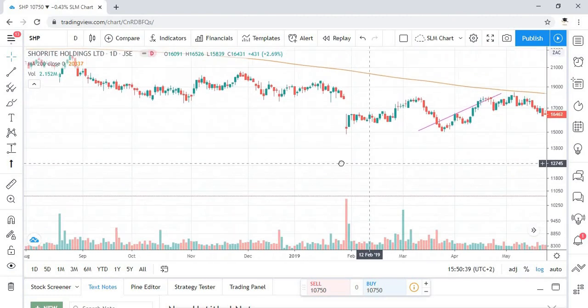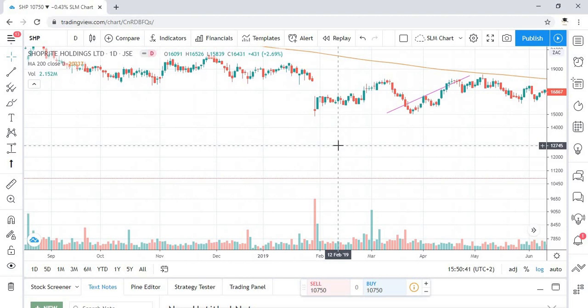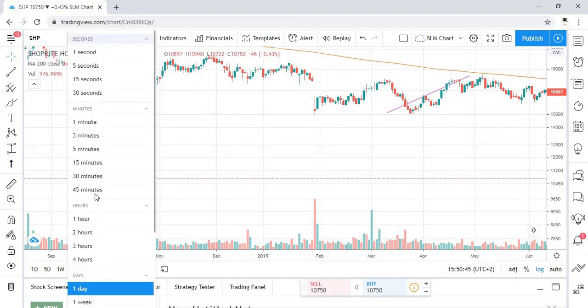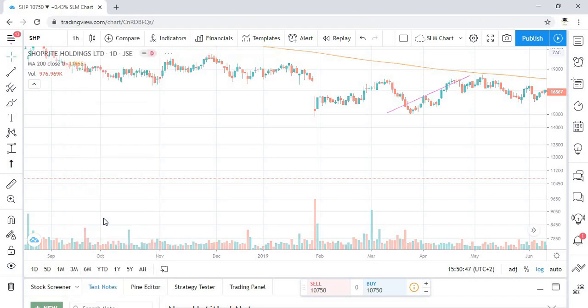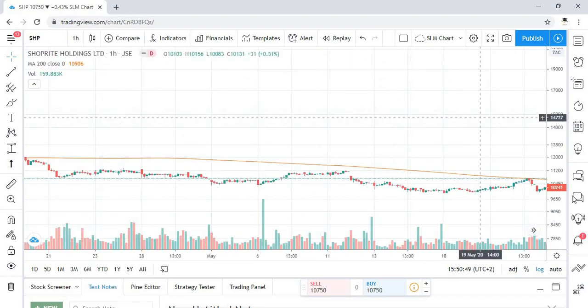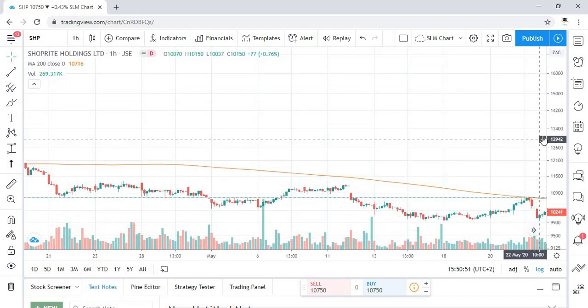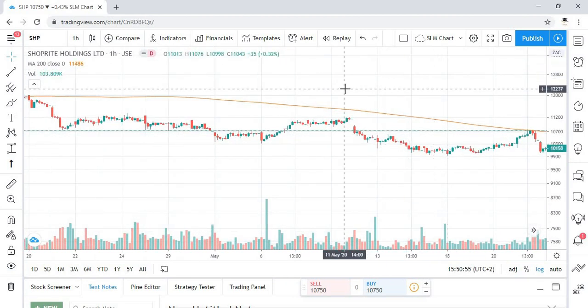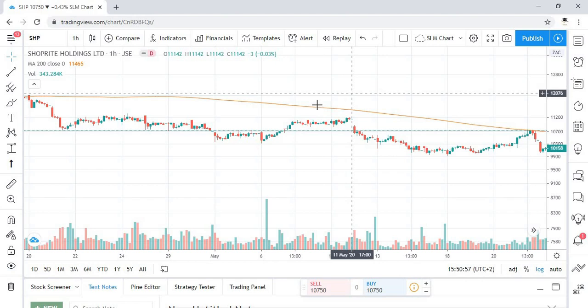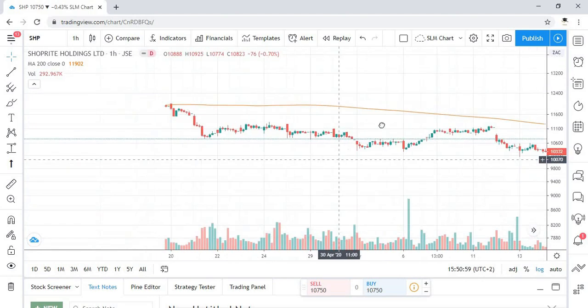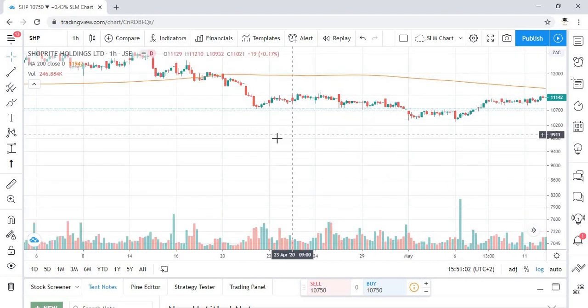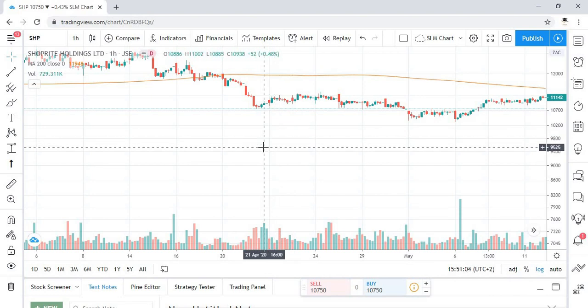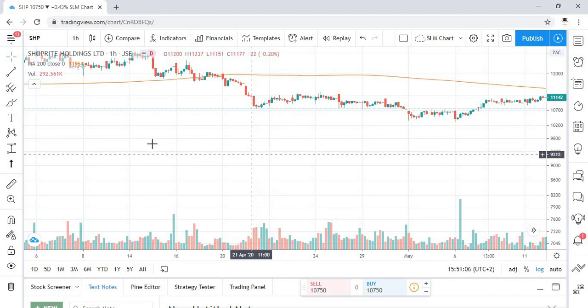One thing that you need to be on guard for is the volume during the opening of the session. So I'm going to change this chart to a 1 hour chart, and look at 9 a.m. for given days. Usually the 9 a.m. time is where you get all sorts of funny things happening in trading.